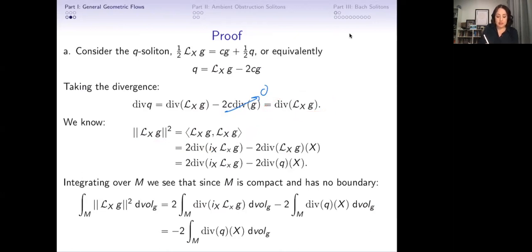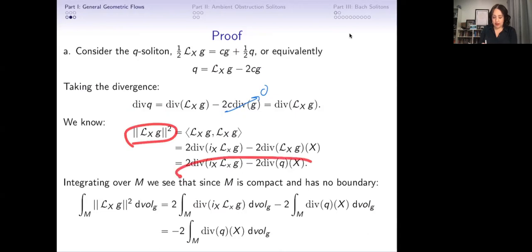So I'm able to see that the norm squared of my Lie derivative equals 2 times the divergence of this function I sub x of my Lie derivative of g minus 2 times the divergence of q. Again, have I placed any assumptions on q? Not yet. This would apply for any tensor q, and for any q soliton.